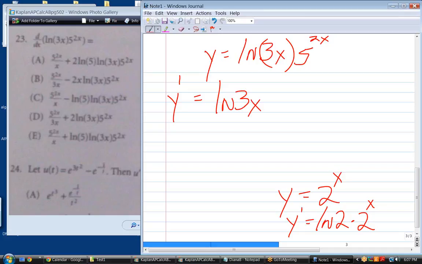Well, the natural log of e is 1, so you lose the 1. But when you have a base other than e, it's the same thing, only multiplied by the natural log of the base. Okay, so what is the derivative of 5 to the 2x?